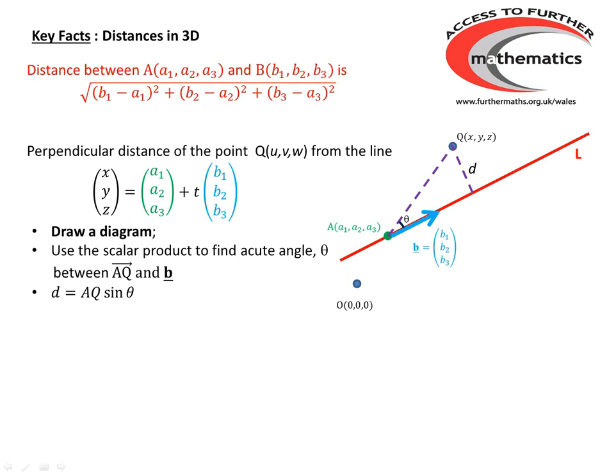Having found that acute angle theta, then the required distance d is simply the length of AQ times sine theta.